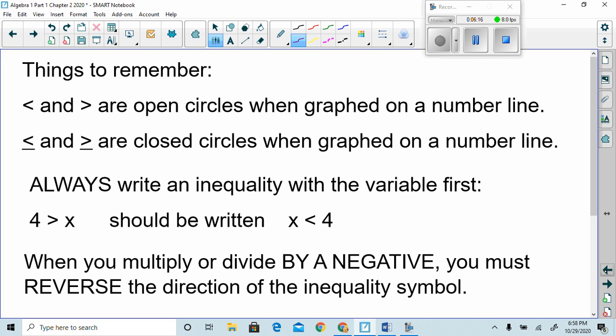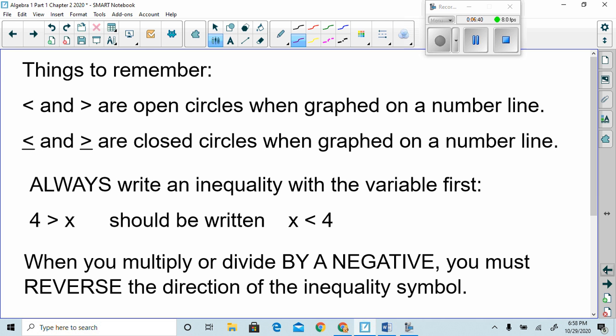So I want to leave you with some very important statements in regards to inequalities. The less than and greater than symbols are open circles when graphed on a number line. The less than or equal to and the greater than or equal to are closed circles when we graph them on a number line. Always write an inequality with the variable first.